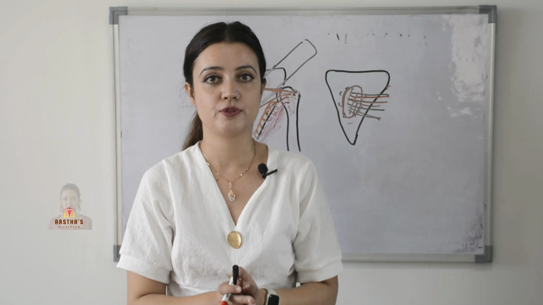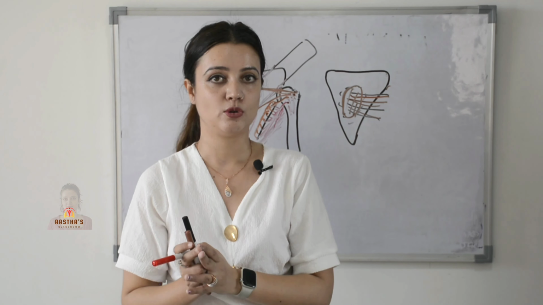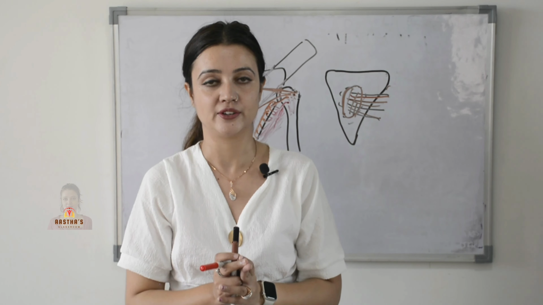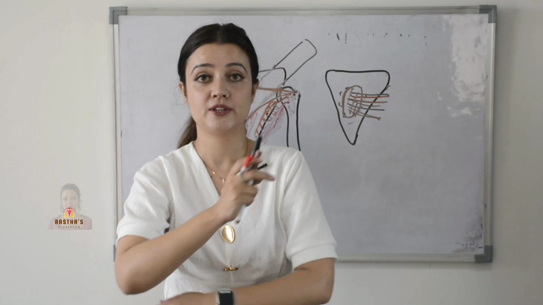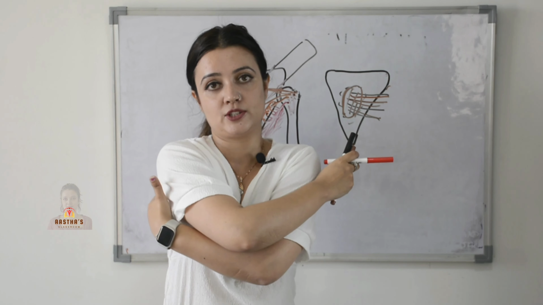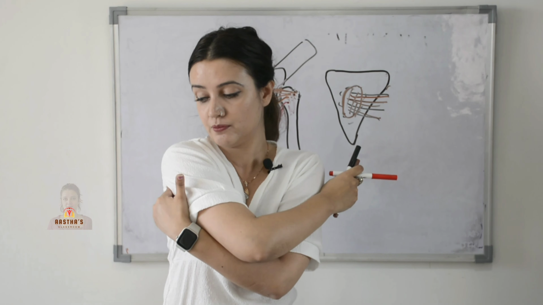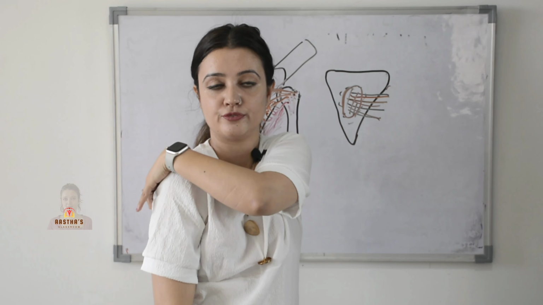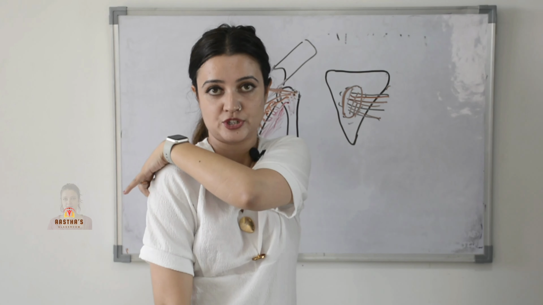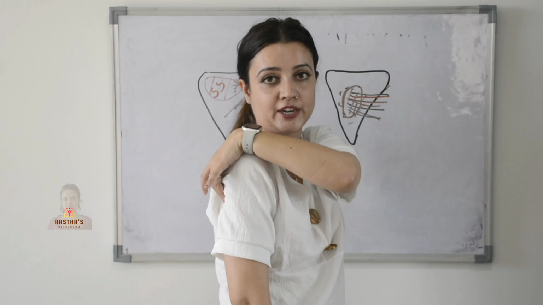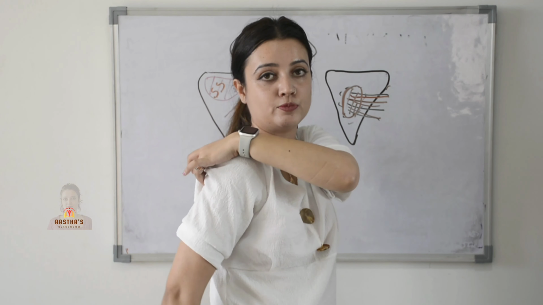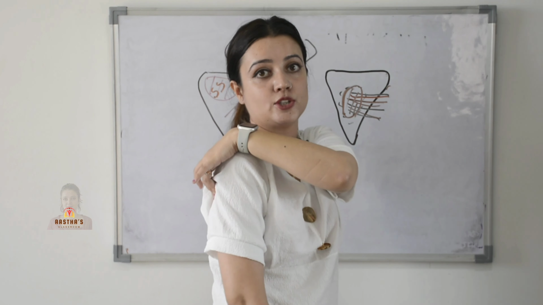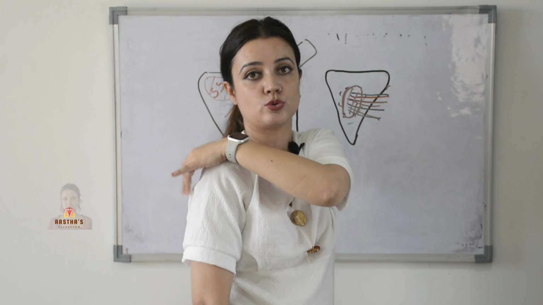Because of this course of the muscle, the action of the muscle is also different from the teres minor. Here, because it passes the shoulder joint posteriorly, from behind, it causes extension of the shoulder joint by pulling the humerus. When it contracts, it pulls the humerus behind, so it causes extension of the shoulder joint.